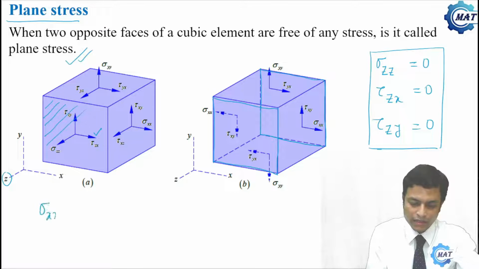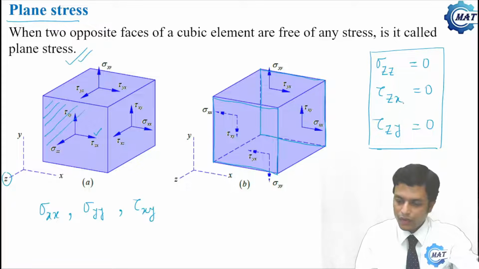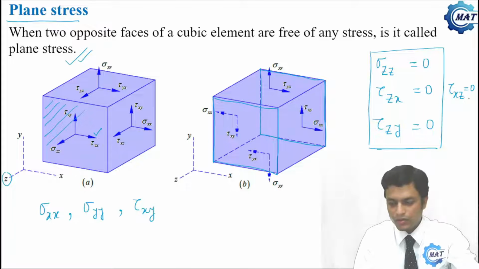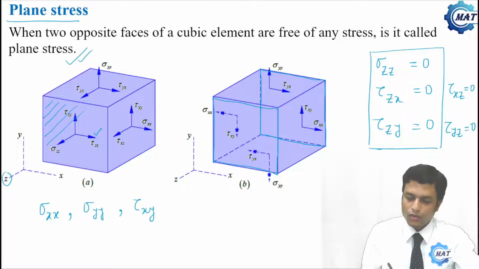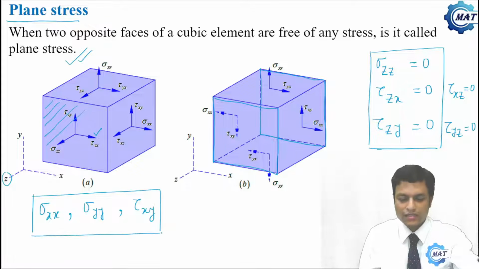That is sigma xx, sigma yy and tau xy. If tau zx is 0, then tau xz will also be 0. Similarly, tau yz is also 0. So for plane stress, the existing stresses are these three stresses: sigma xx, sigma yy and tau xy.